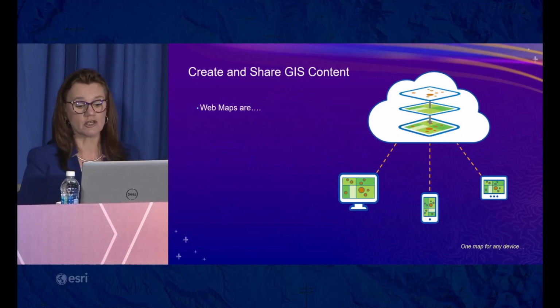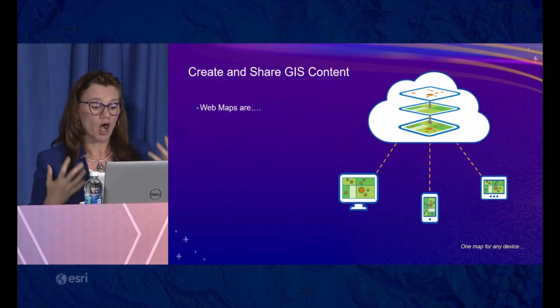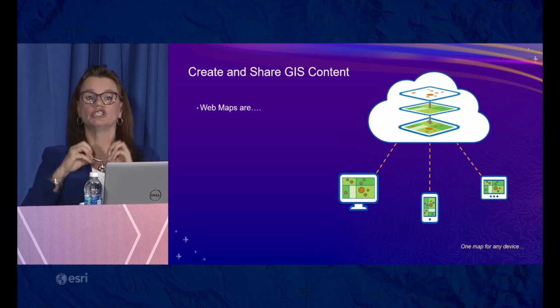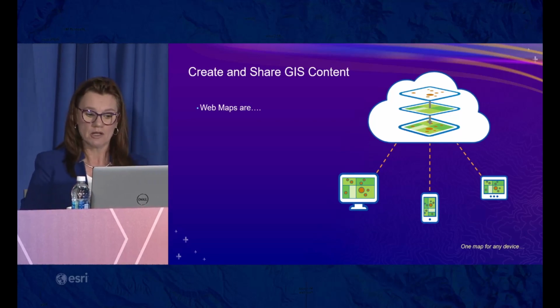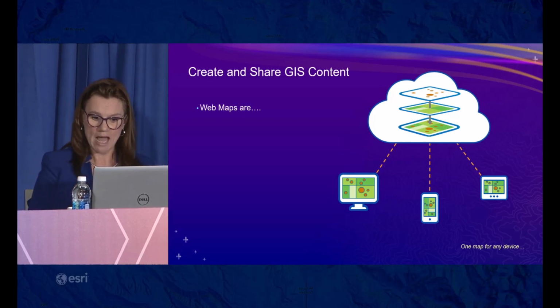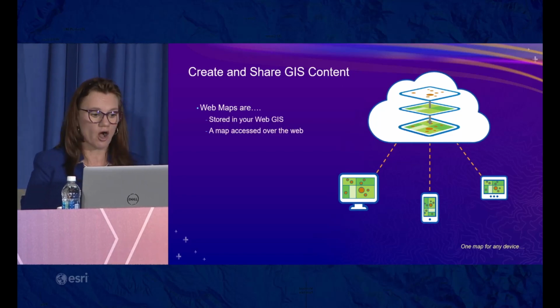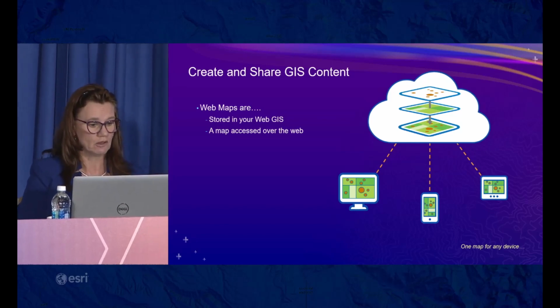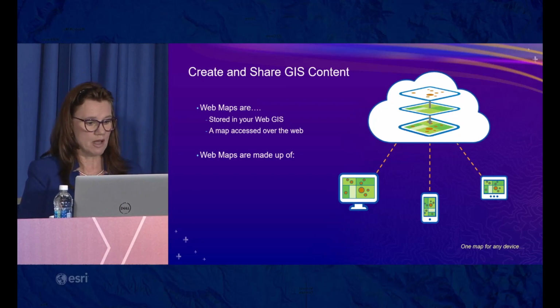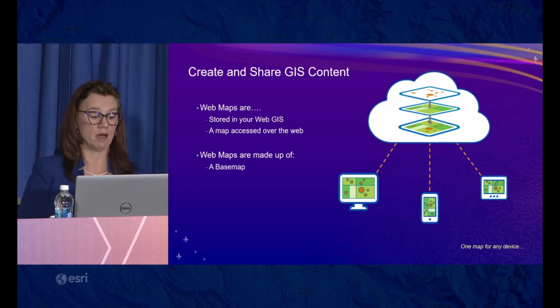What both ArcGIS Online and ArcGIS Enterprise have in common is the ability to share content on the web and create maps, what's called a web map. Web maps are maps that are stored in your portal, accessed over the web, and they are made up of a base map, of course.